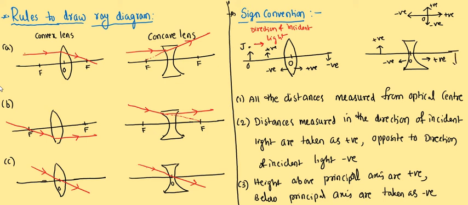These are the general rules when the object is on the left side. This is the object. In this case, these are the sign convention rules that we have to use.